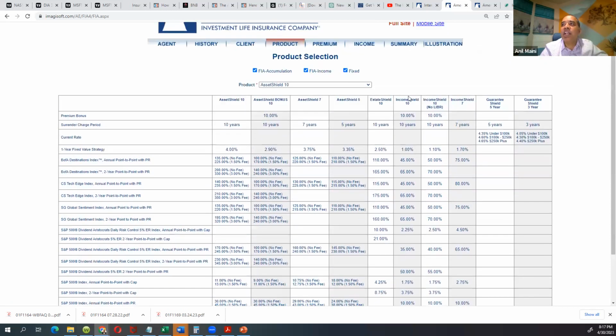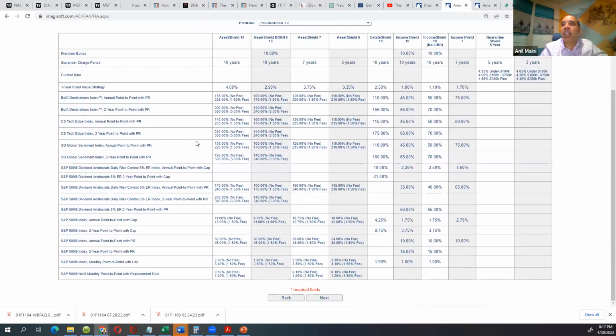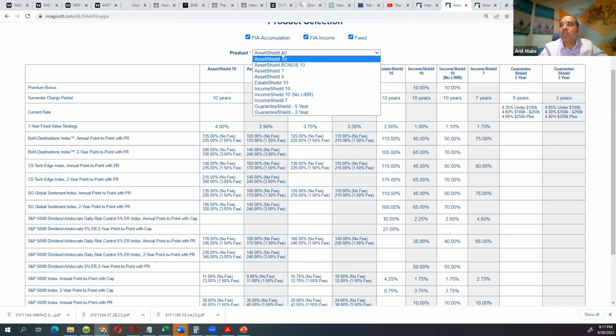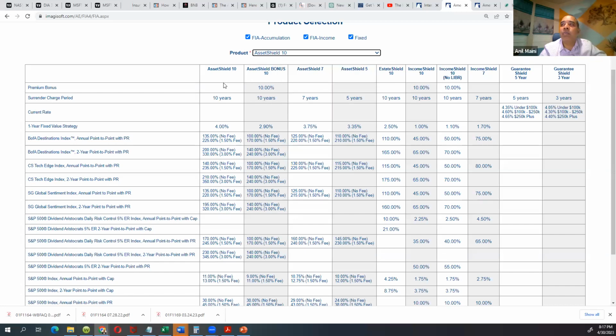This screen is really good because in one screen, they give you all the different choices for your indexes. So choose your product. Our goal here is to grow our money, accumulate like a deferred annuity product, to grow our money to the maximum.